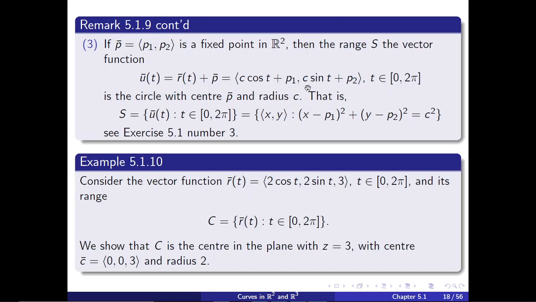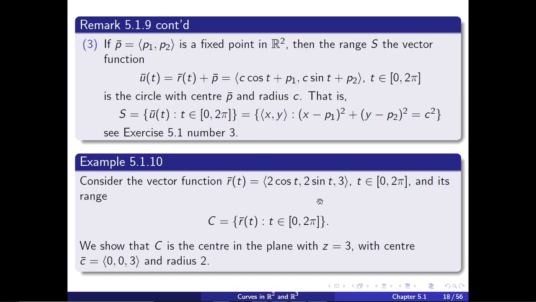The range can be expressed in this way: (x minus p1) squared plus (y minus p2) squared equals c squared, and the center will obviously be (p1, p2). And this is exercise 5.1, number 3, that you are going to look at.